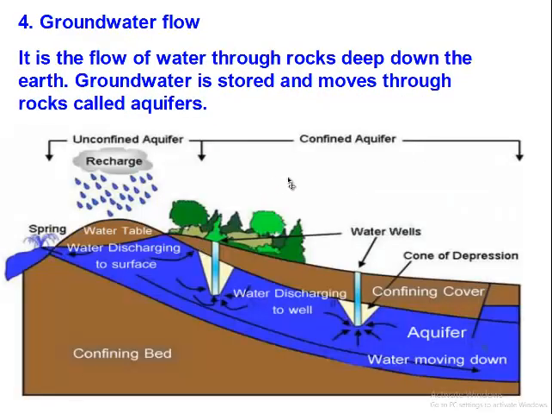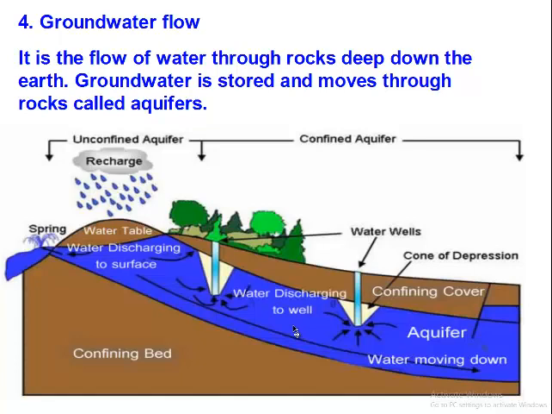Then we have the groundwater flow. Here we're talking about the water that flows through rocks deep down in the earth. Some of the water gets underground to the aquifer, where water is stored. When you are digging a well, the place that we dig the well to is what we call the aquifer.